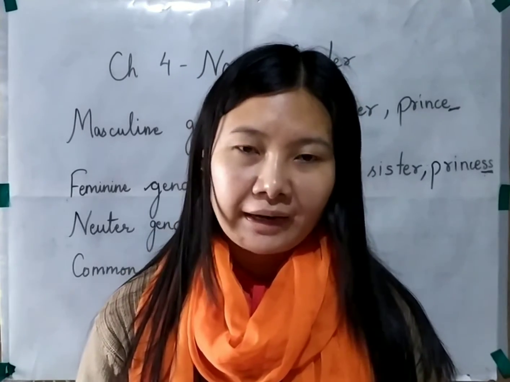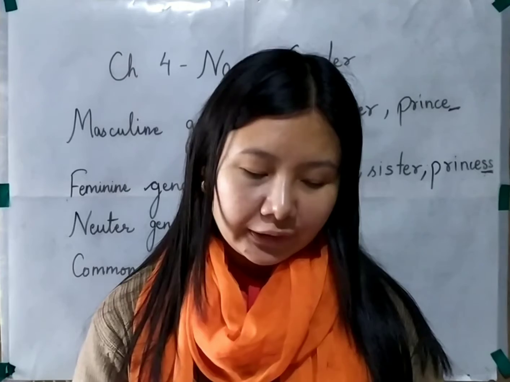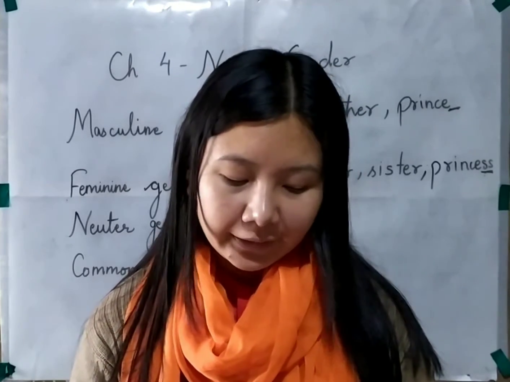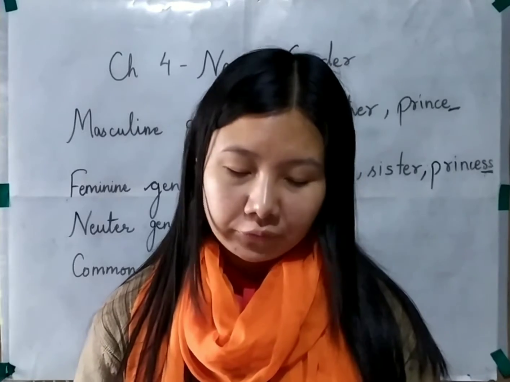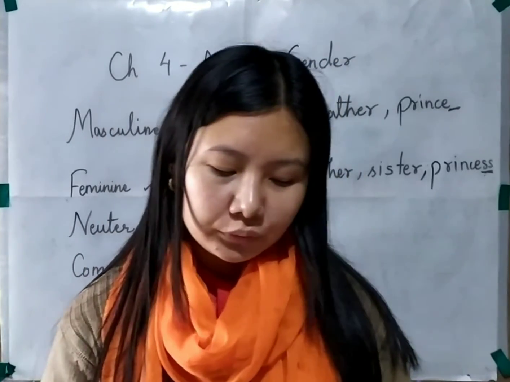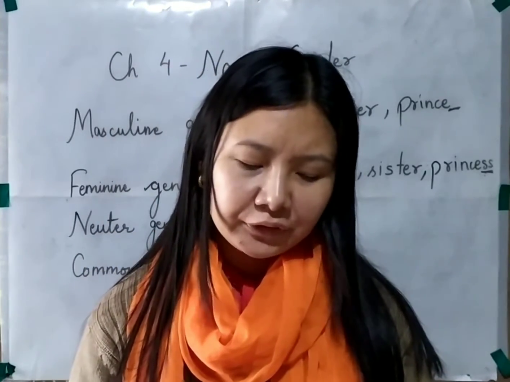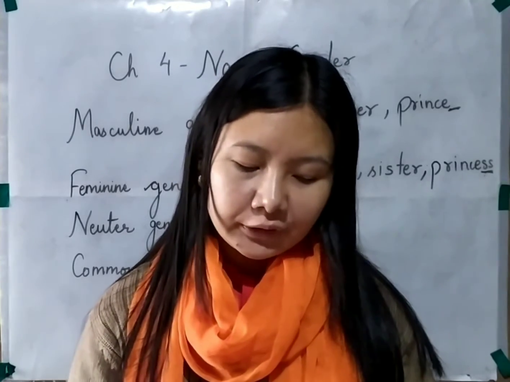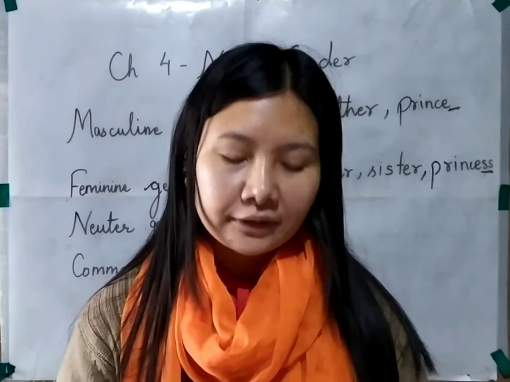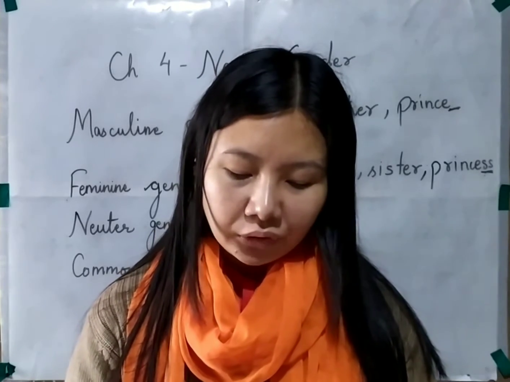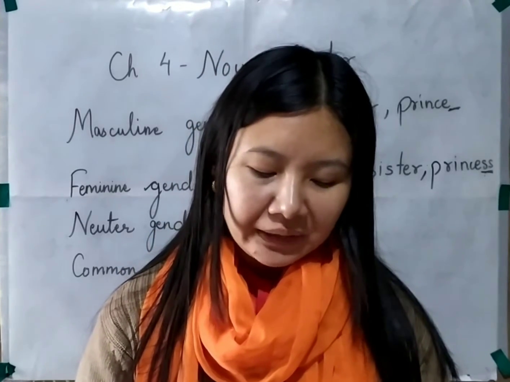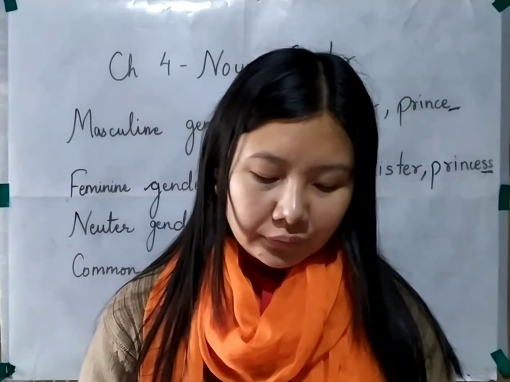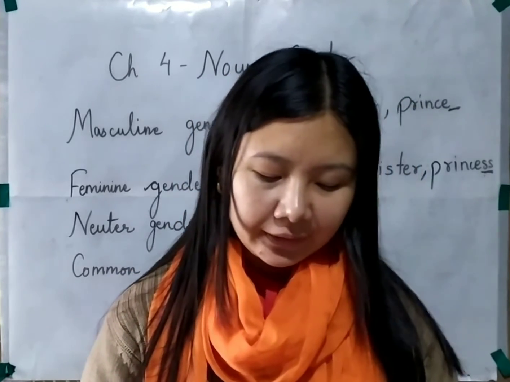We are not writing husbandess; instead, we are using a different word to form its feminine gender. Here are some examples: husband, wife, son, daughter, peacock, peahen, milkman, milkmaid, he goat, she goat, monk, nun.